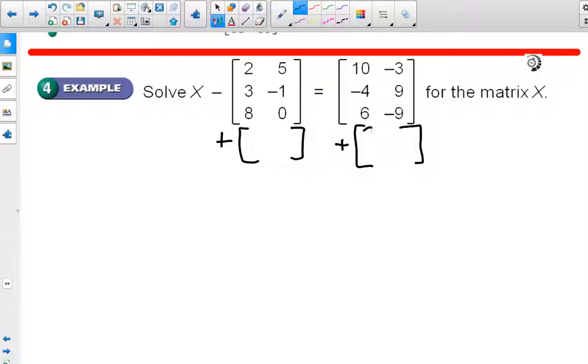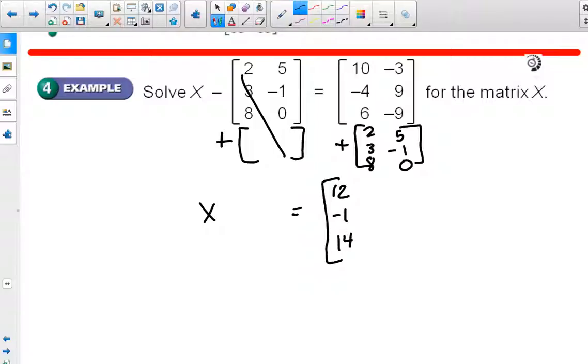This gives us 2, 3, 8, 5, -1, and 0. Okay, and so these are going to cancel each other out, and then you have X equals 10 plus 2 is 12, -4 plus 3 is -1, 6 plus 8 is 14, -3 plus 5 is 2, 9 plus a -1 is 8, and -9 plus 0 is -9.